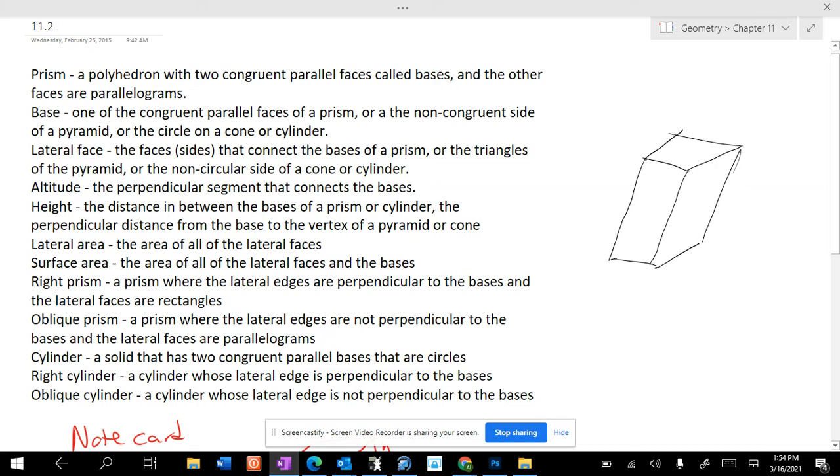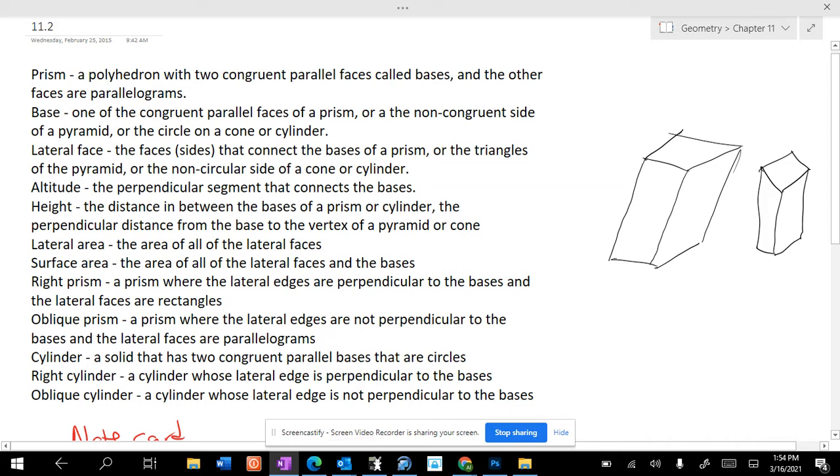It's like that. It's kind of leaning to the side a little bit versus a right prism that is straight up and down. That's a right prism, straight up and down.